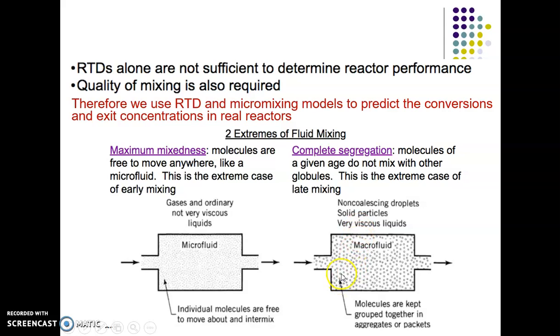There are lots of globules, and the molecules are kept grouped together in aggregates or packets. Different globules will enter and leave the reactor at different times. This is what we call the complete segregation model, and we are going to discuss it further in the next slides.